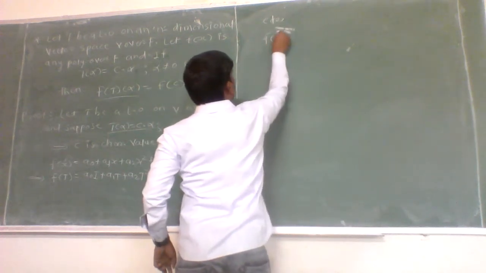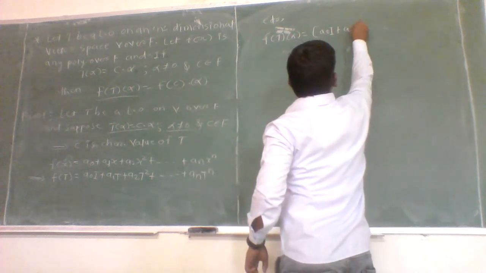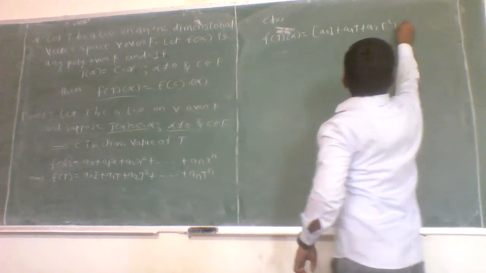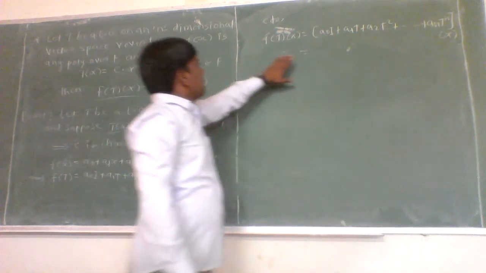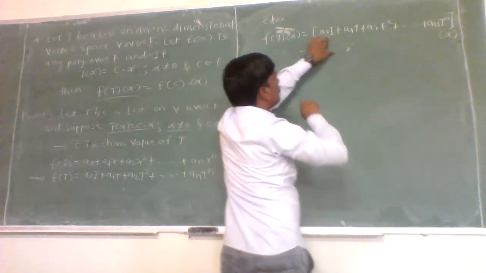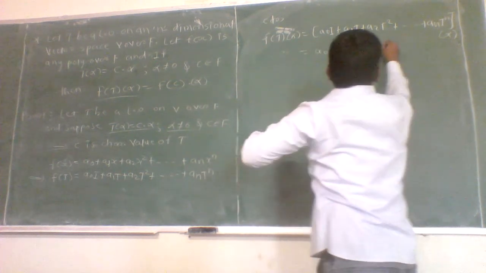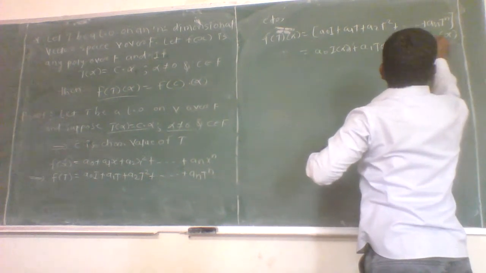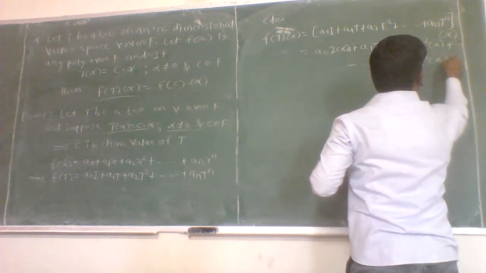Now take f(T)(alpha), that is, consider f(T)(alpha), which is equal to a0 I plus a1T plus a2T squared plus up to so on an T raised to n of alpha, and we know that T is a linear operator, so which is nothing but a0 into I(alpha) plus a1 into T(alpha) plus a2 into T squared of alpha plus up to so on an into T to the power n of alpha.